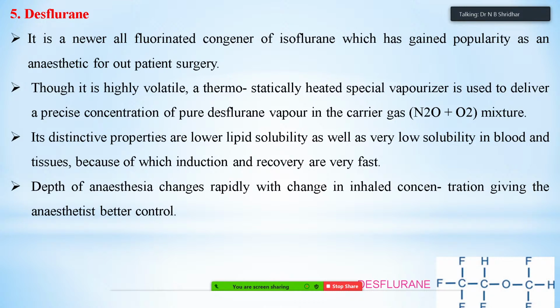Its distinctive properties are lower lipid solubility as well as very low solubility in blood and tissues, because of which induction and recovery are very fast, and the depth of anesthesia changes rapidly with change in the inhaled concentration.